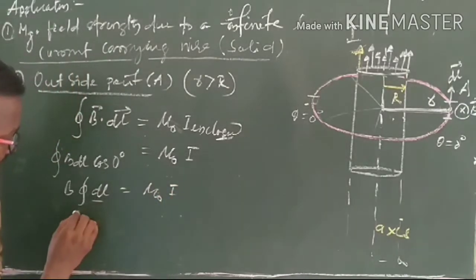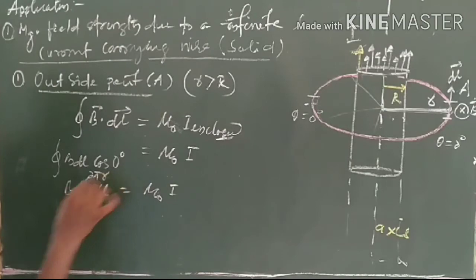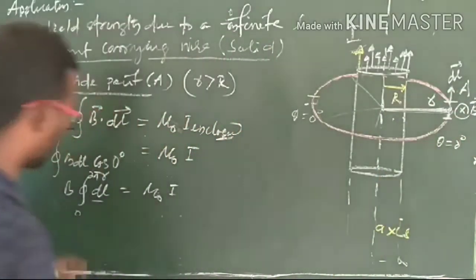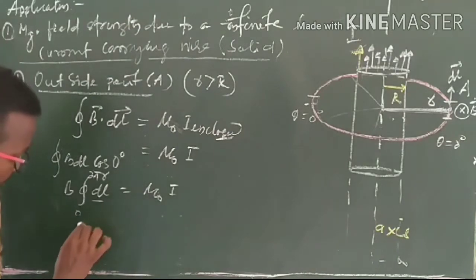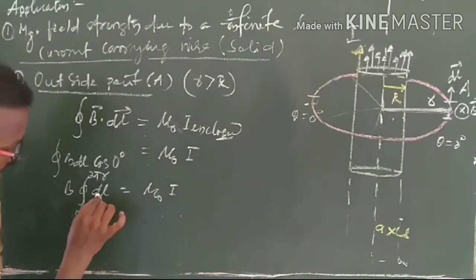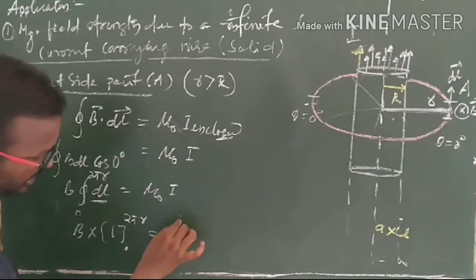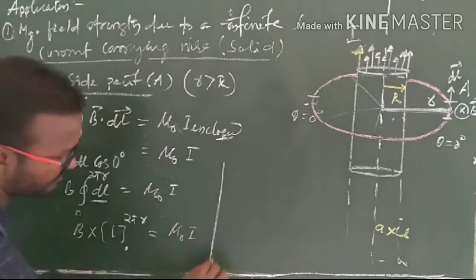And what is the integral of dl? It goes from 0 to 2πr, because this is r and the circumference is equal to 2πr. So B times the integral of dl from 0 to 2πr is equal to μ₀I.